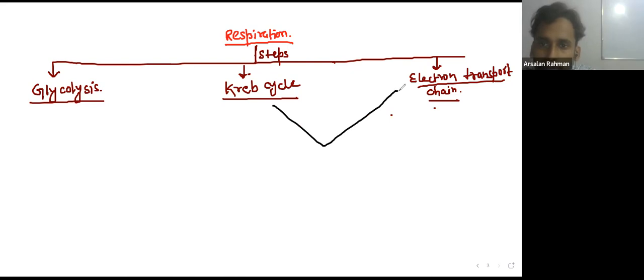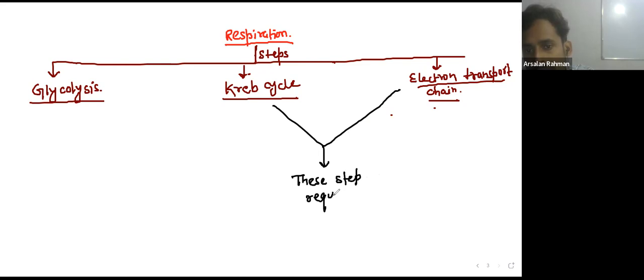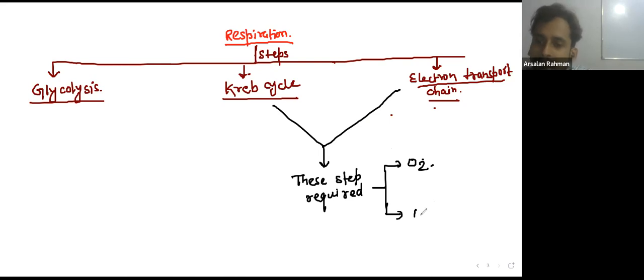These steps require two things. How many things are required? These steps require two things. The first one is oxygen, O2. And the second thing is mitochondria.